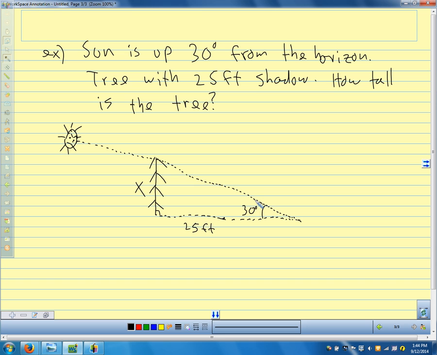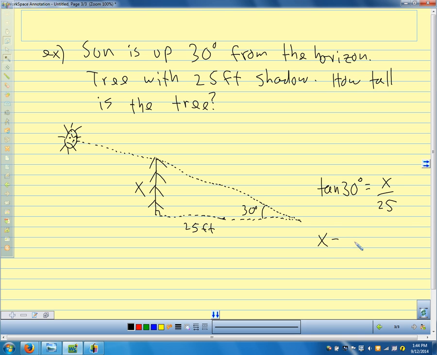All right, so we say the tangent of 30 degrees is the opposite over adjacent, x over 25.